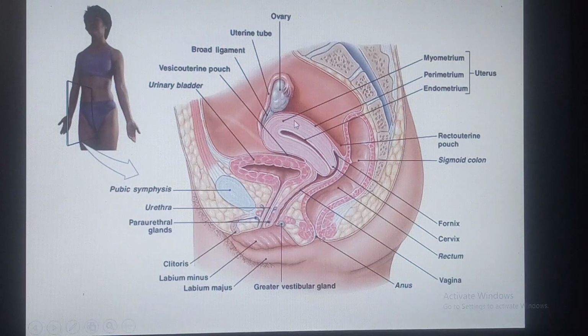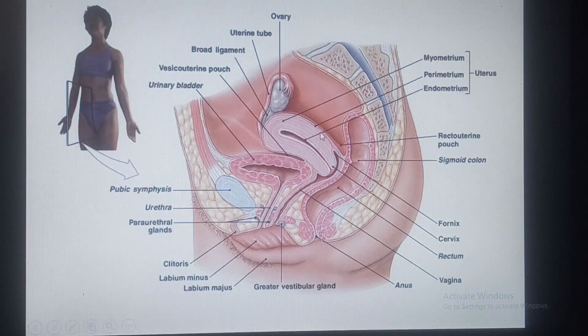And then we are going to have the myometrium, a very muscular layer, so that under the influence of oxytocin during labor, it can help in various uterine contractions to expel the fetus. Then we're also going to have, of course, the perimetrium. These represent the coats or tunics of the uterus.